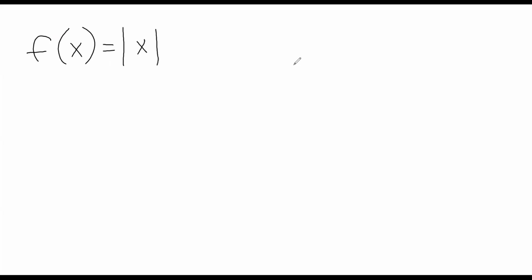We're going to talk about the absolute value function. And you guys might recall that what the absolute value does, if you take the absolute value of a number, it measures its distance from zero. That's all it does.